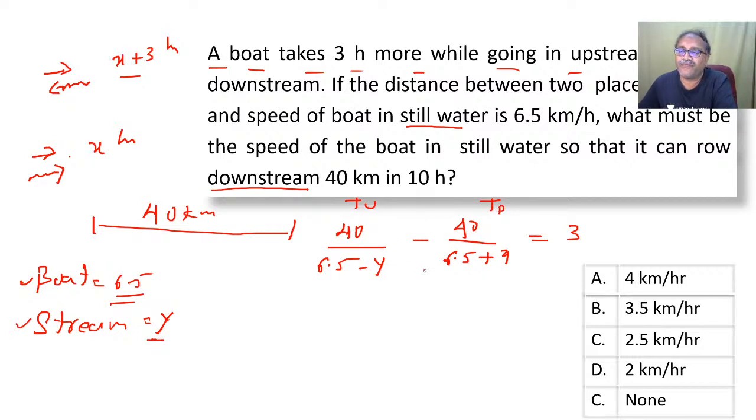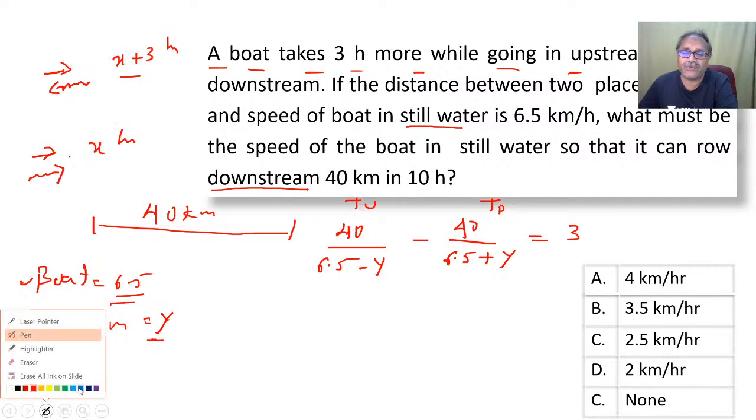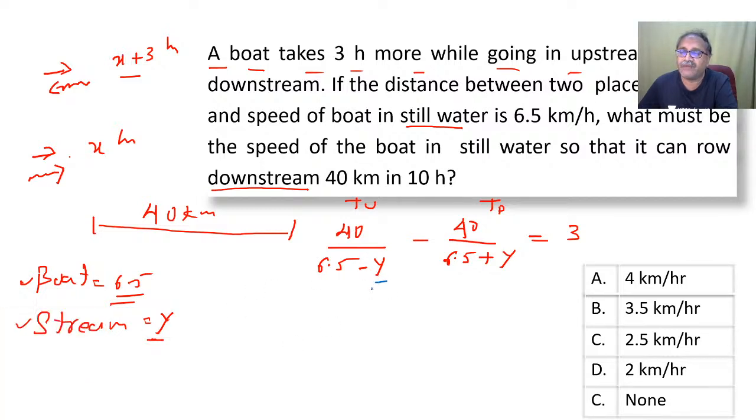Now from solving this equation I will get the value of y, but there is a lengthy process to solve it. So what should I do? I should go with the hit and trial method, where I find what value should be placed in place of y so that it satisfies the equation.